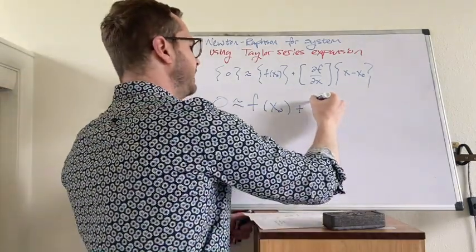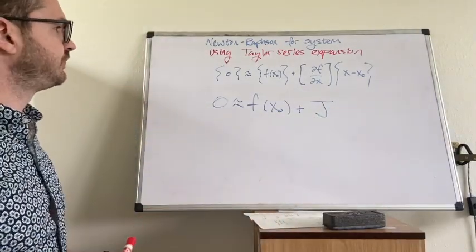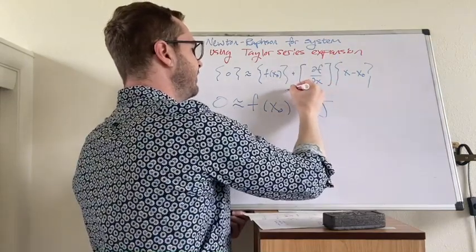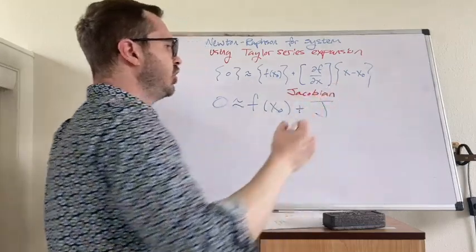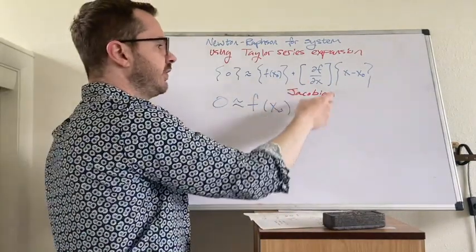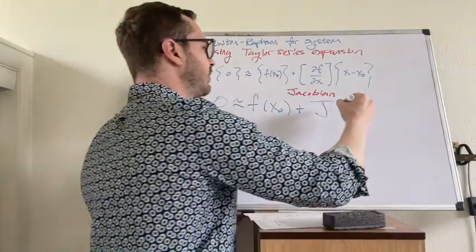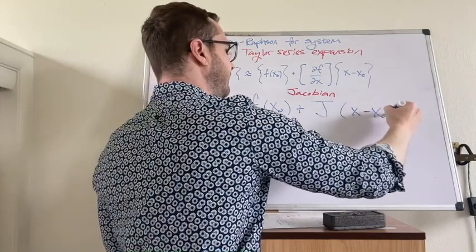It's called a Jacobian, and we're going to use the letter J. So again, this matrix right here is called a Jacobian. So it's a Jacobian matrix. You build and you evaluate the Jacobian matrix, that's right here, and that is J, and we're going to take J, and then we're going to multiply by x minus x naught.